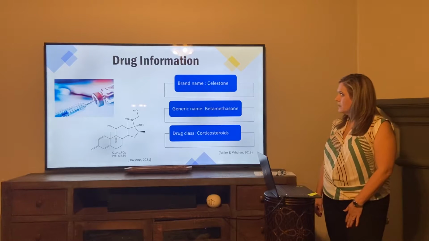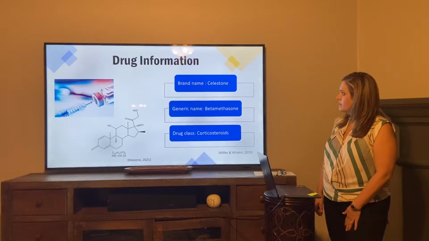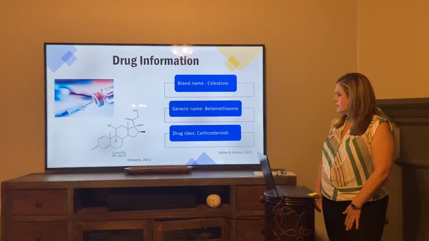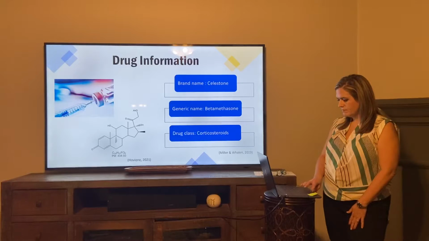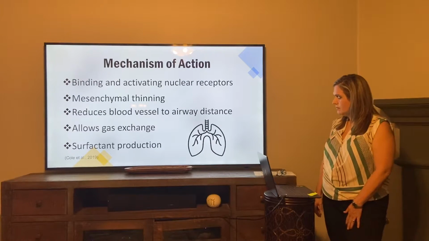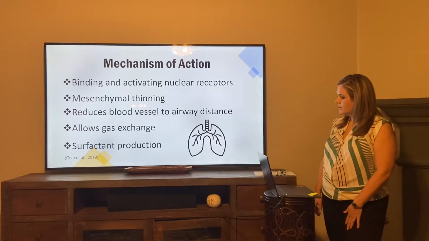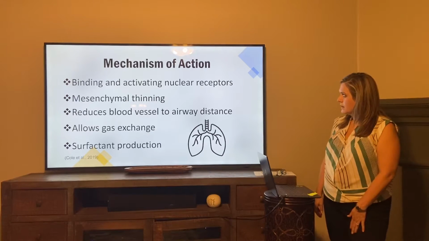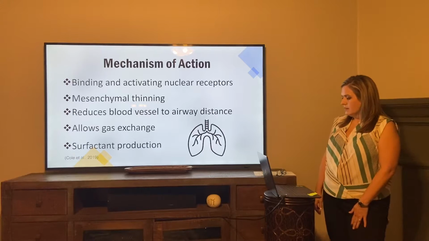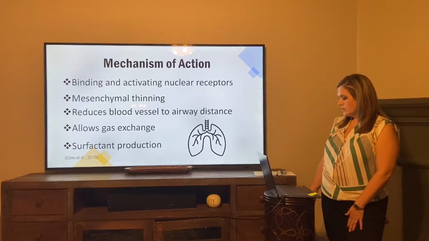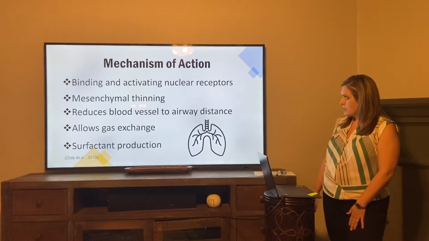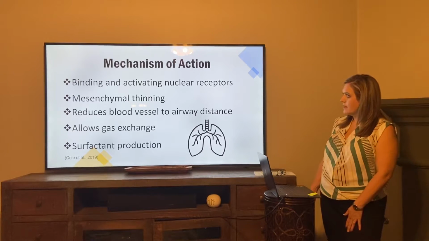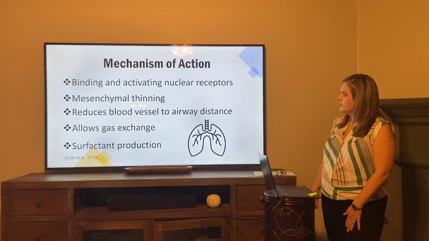A little information about our drug: its brand name is Celestone, the generic name is betamethasone, and our drug class is corticosteroids. With our next slide, we will be addressing our first objective, which is the mechanism of action. We're going to identify why corticosteroids would benefit a preterm newborn, and that is because they bind and activate nuclear receptors.